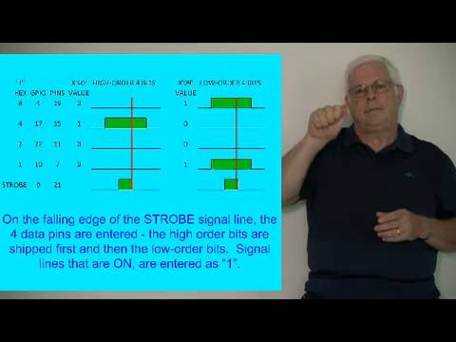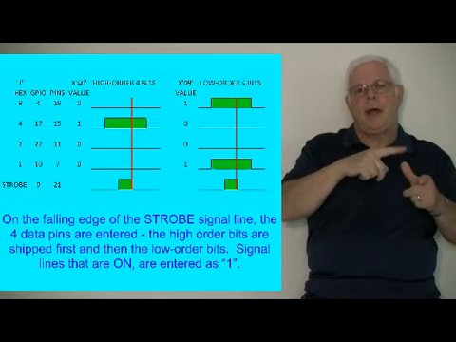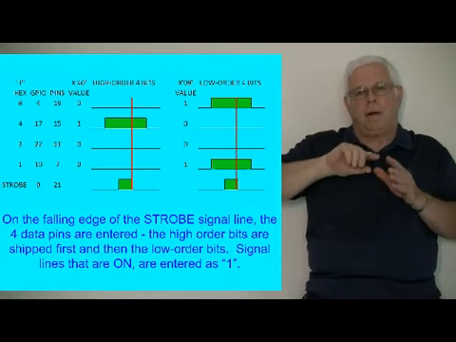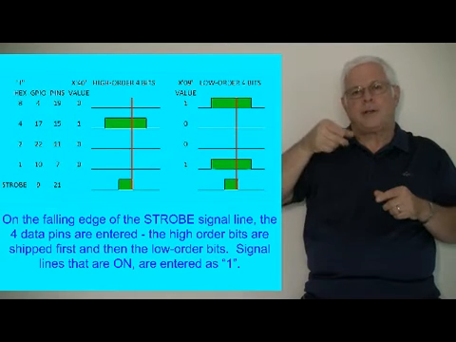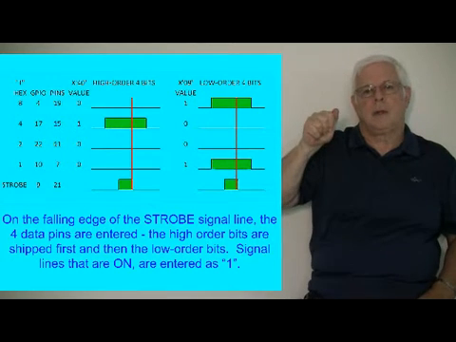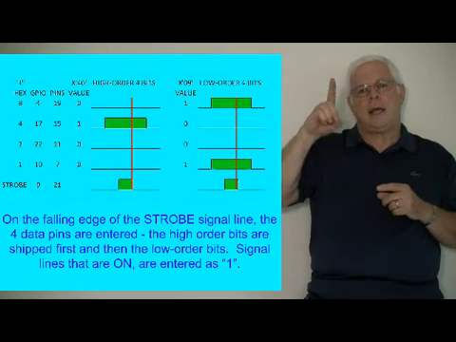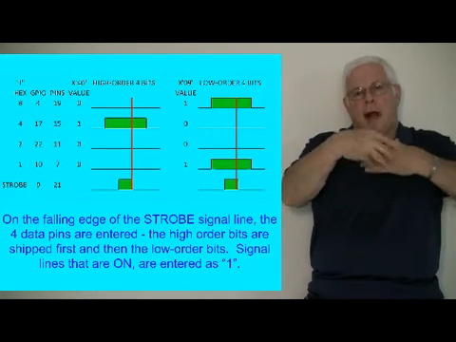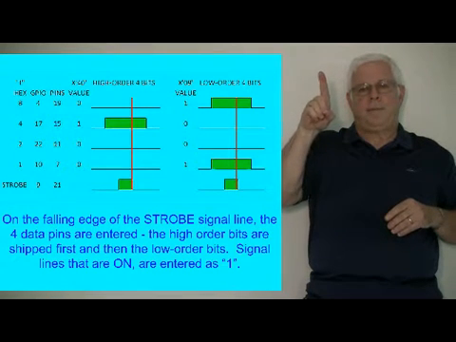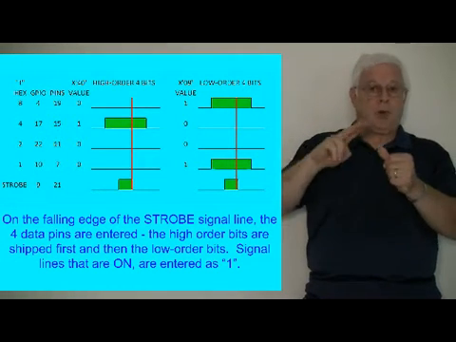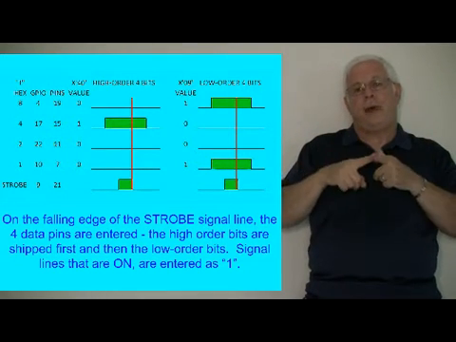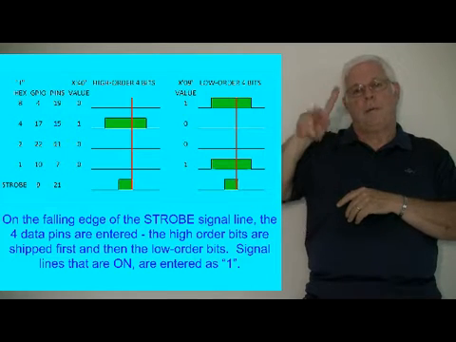That is our data path. And then on a 5th pin, we turn it on and then we turn it off. And that makes a strobe signal to the LCD. When it sees that pulse, it copies the data into the LCD. We'll do that twice. First for the first 4 bits, and then for the second 4 bits.